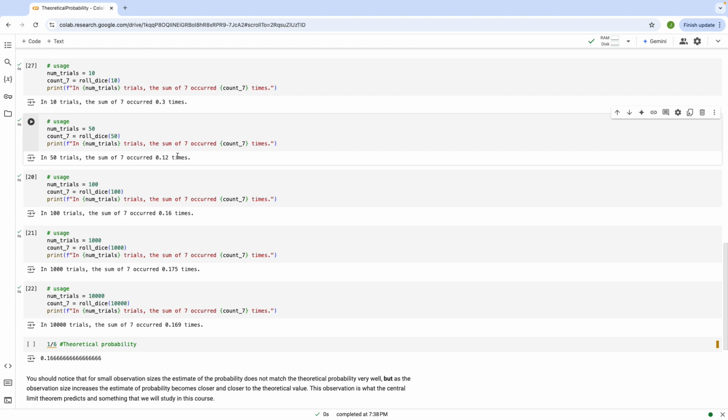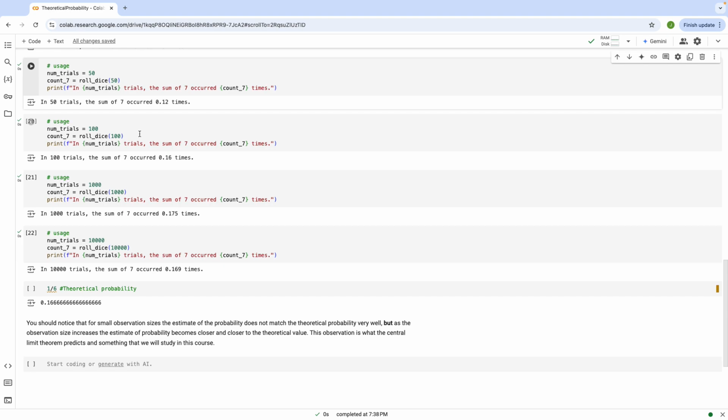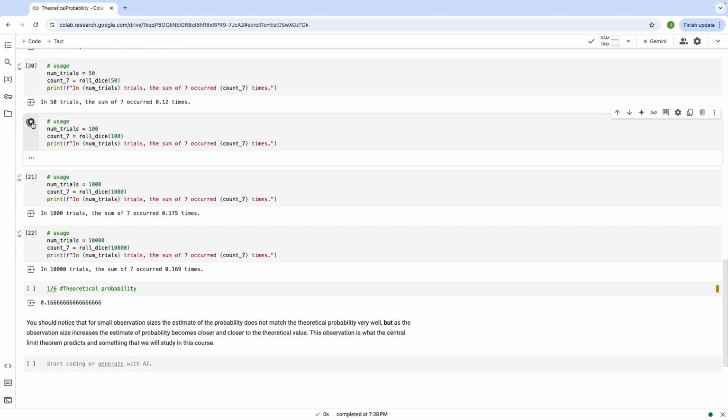The observations depend on random chance, because each outcome is random. So I get slightly different probability estimates. If I use 100 dice, I'm going to get 0.18. I like that even better.